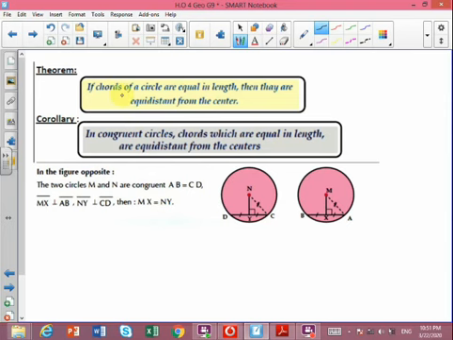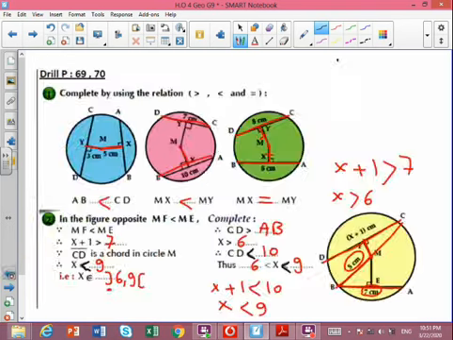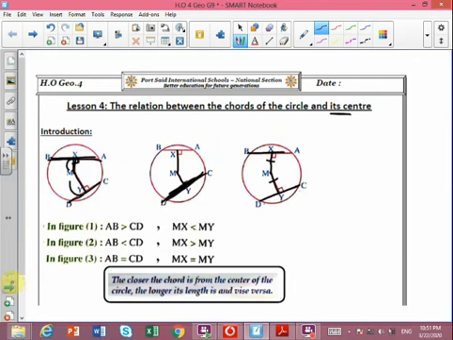It says if chords of a circle are equal in length, as in the third example, then they are equidistant from the center. This is our theorem. Very important to know that if I have two equal chords, they will be equidistant from the center.